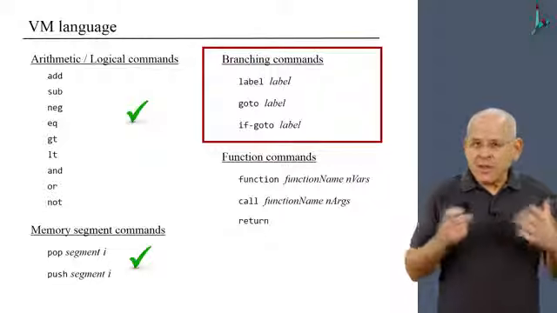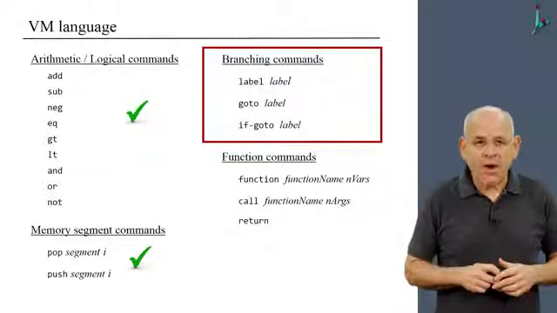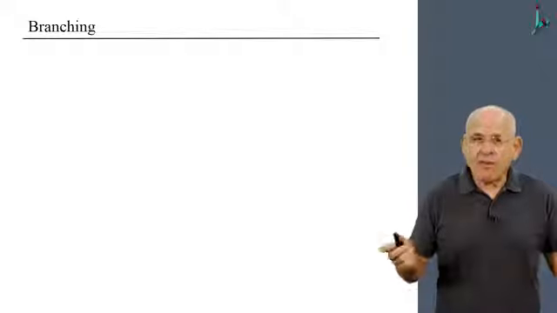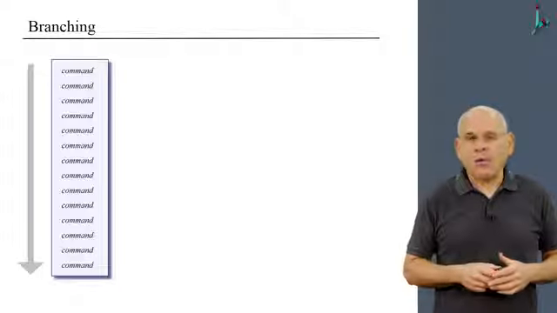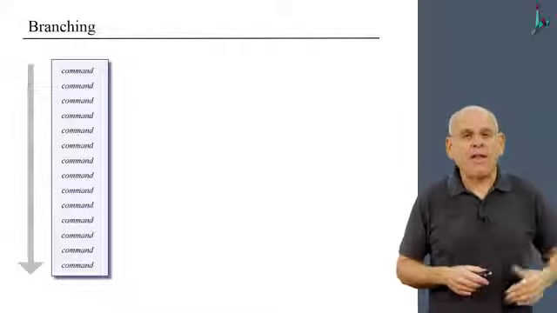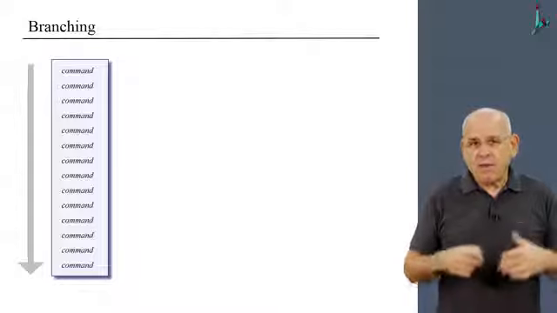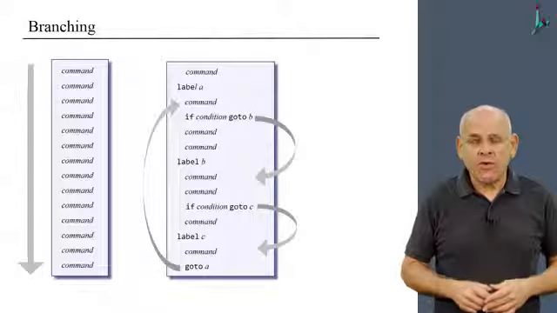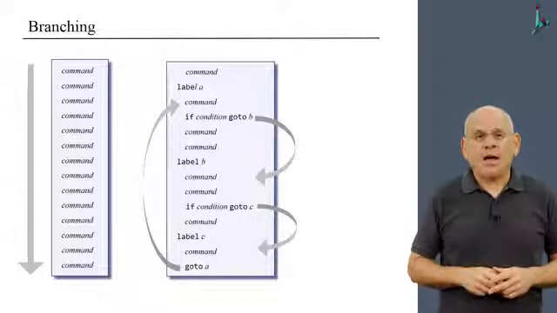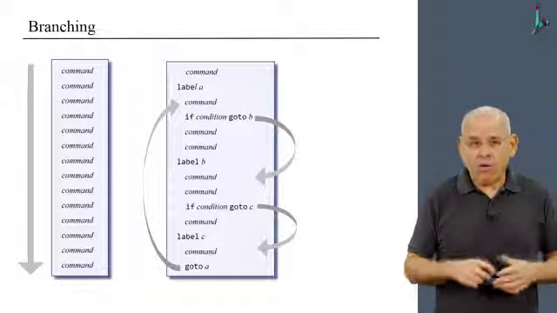So branching is actually a relatively easy concept to comprehend. So far, without branching, our program was completely linear. Every command executed after the previous one. But with branching, we can introduce all sorts of nonlinear paths in the flow of control of the program.